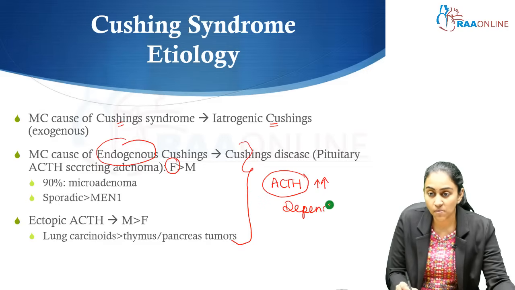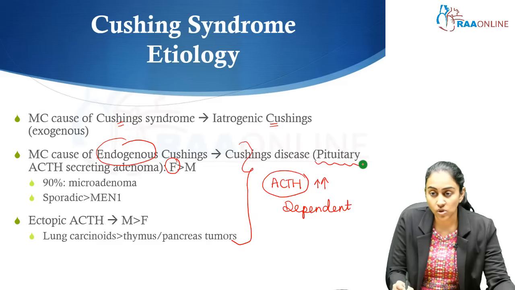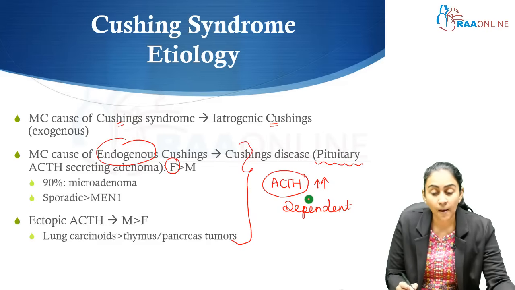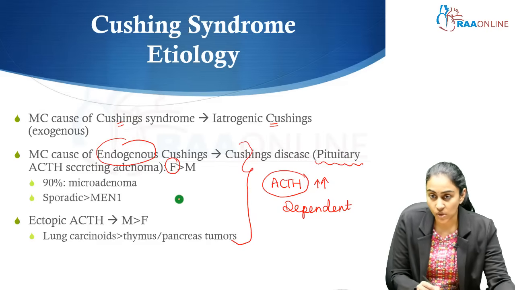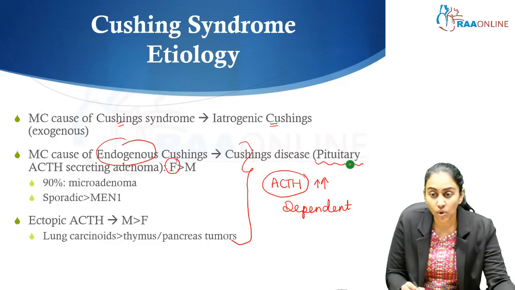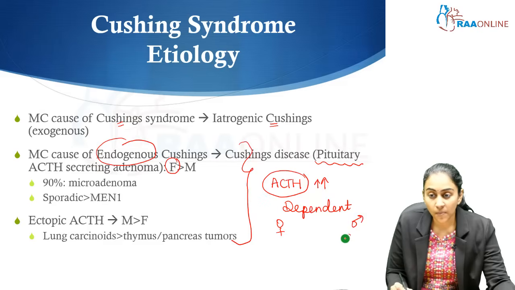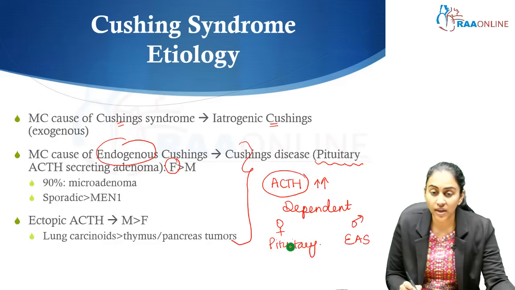So, ACTH dependent Cushing syndrome can be divided into pituitary Cushing's, which is called Cushing's disease, and ectopic ACTH secretion. Pituitary Cushing's is more common among females, whereas ectopic ACTH secretion is more common among males. The most common cause is going to be lung carcinoids, particularly bronchial carcinoids, followed by thymic carcinoids and pancreatic tumors.